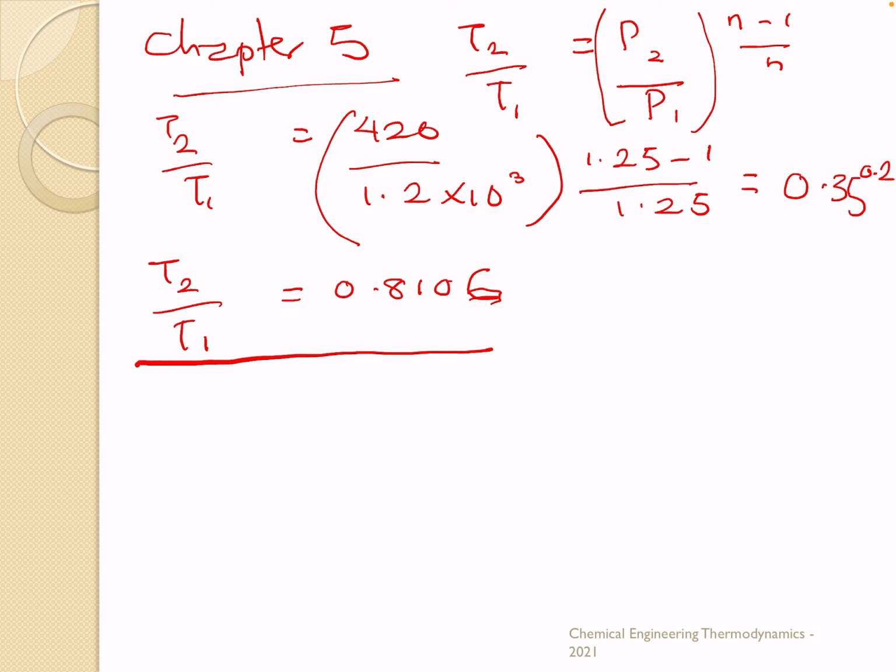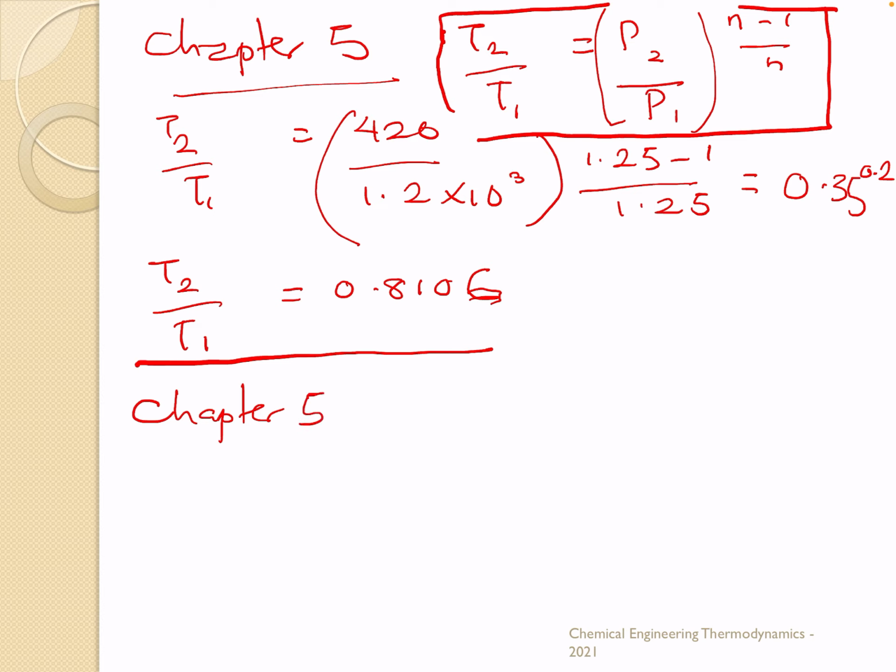Again, for the polytropic process, as provided in chapter 5, we have P2 over P1 equals V1 over V2 raised to the power n.